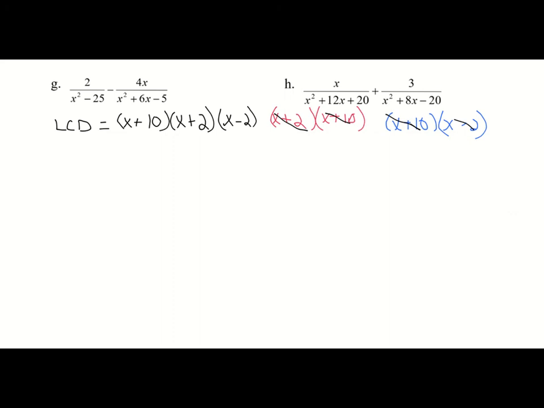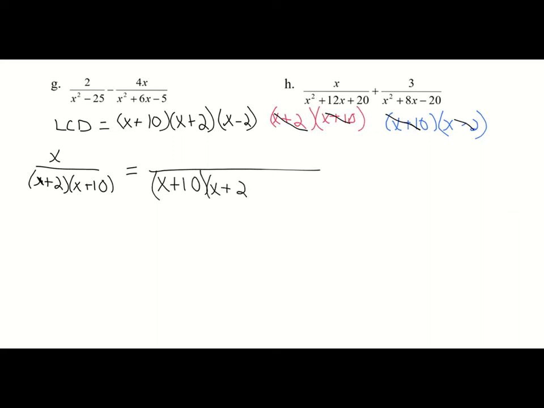So when we go to write our equivalent fractions, right now I have x over x plus 2 times x plus 10, but I needed to have that denominator of x plus 10 times x plus 2 times x minus 2. So I am missing an x minus 2.